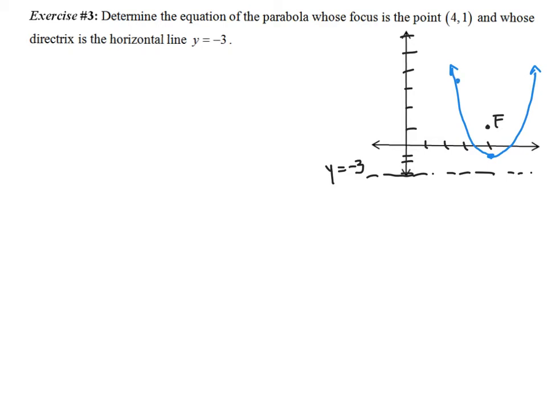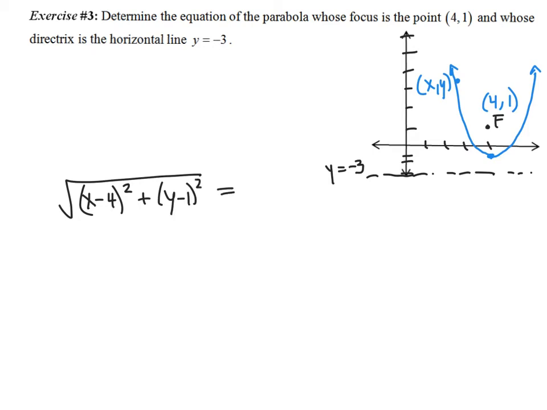So I am going to set up a point x, y, and I'm going to take the distance from xy to that focus 4, 1. So let's do my distance formula. So the square root of x minus 4 squared plus y minus 1 squared is equal to, now let's be careful with this one. We want to go from this point xy all the way down to where my directrix is.